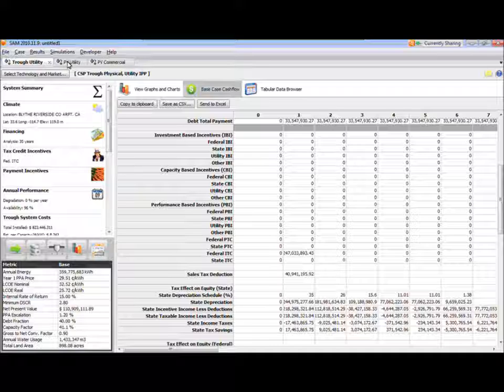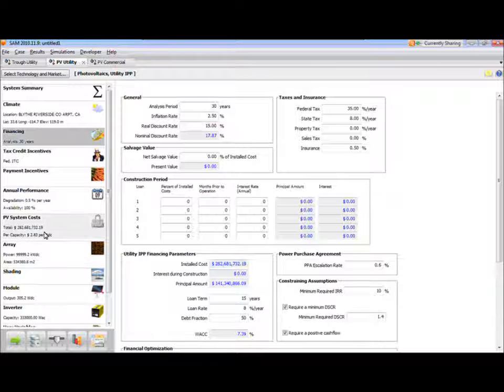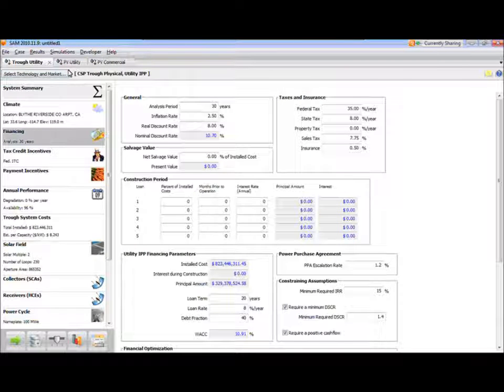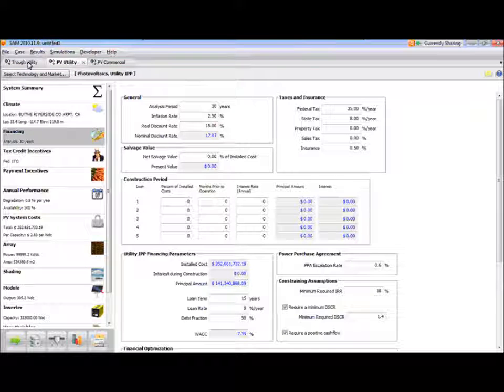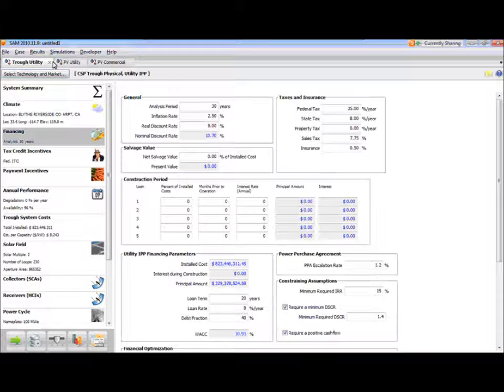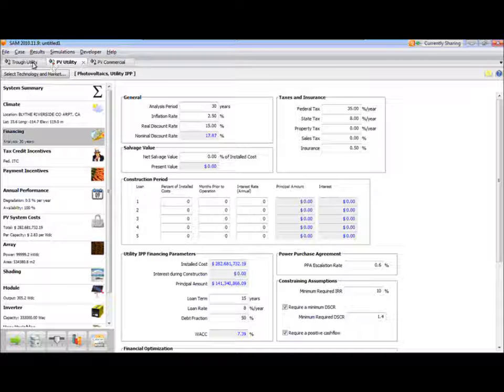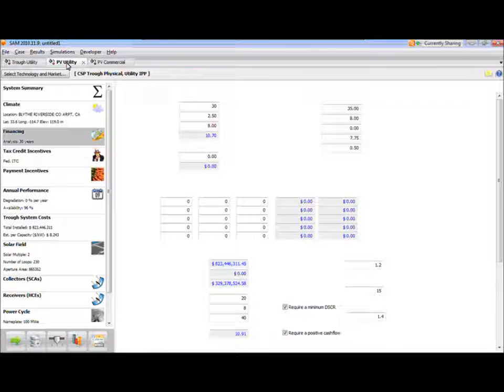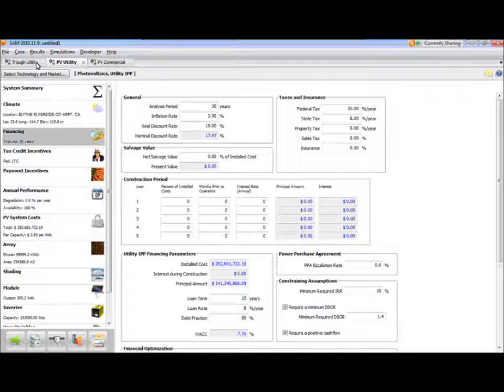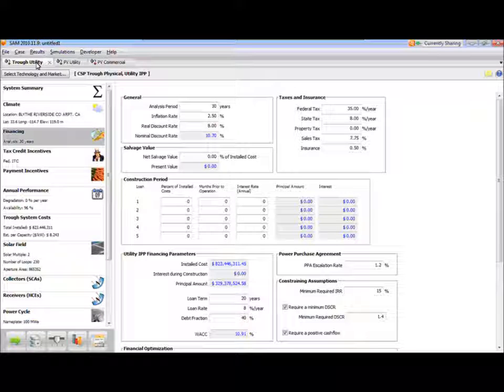So the PPA price is determined by the annual output of the system, but also by the financing assumptions and the cost assumptions. So if we compare the financing inputs, I just switched to the financing page for both cases so that I can compare my inputs. I can see that there are some differences between the two. There's a sales tax for the Trough utility, which isn't there for PV, for example.